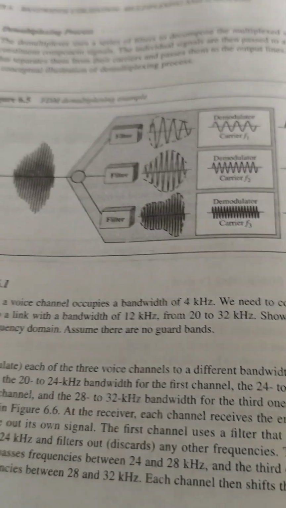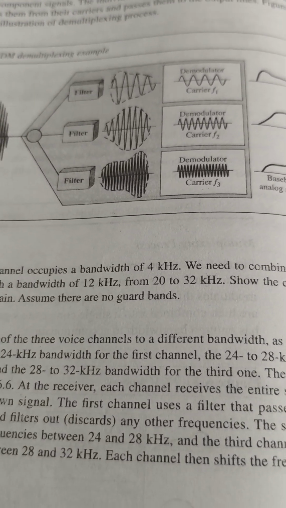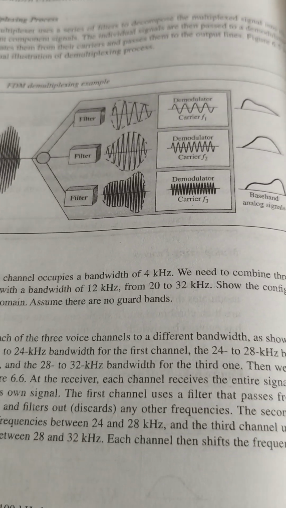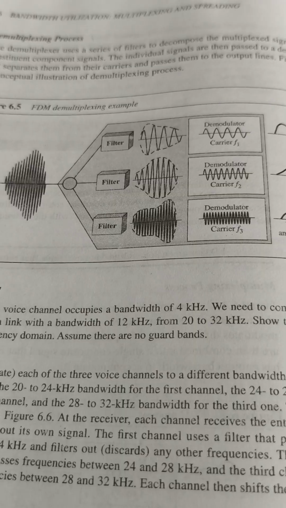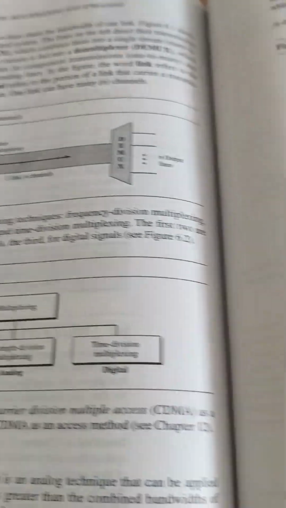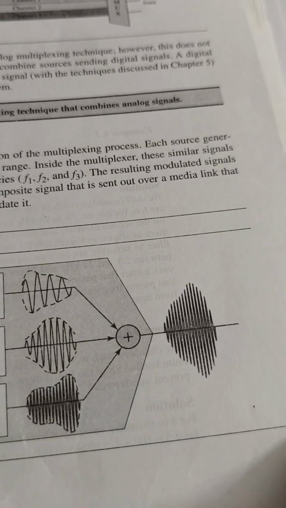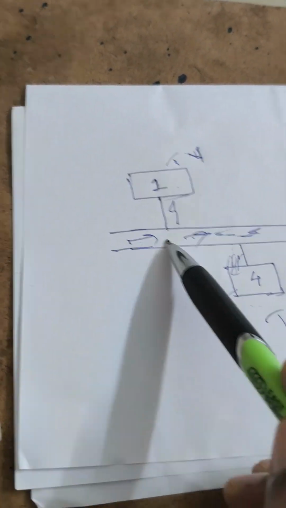Through the remote we select a particular frequency, and in that frequency that channel will be there. Multiplexing means combining a number of signals and converting them into a single signal. That single signal propagates through this wire, this cable.